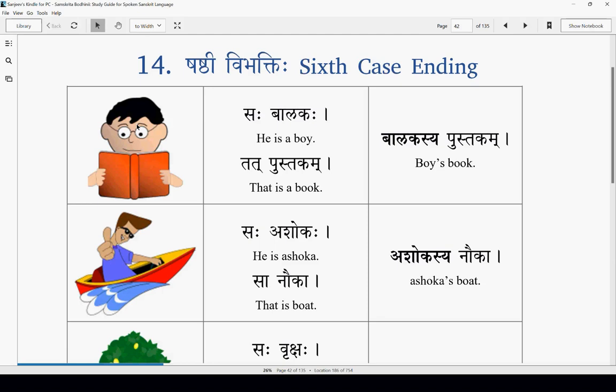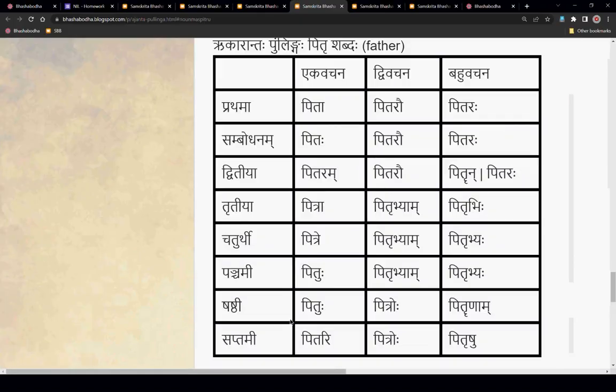In English it is called the possessive case, because the pustakam is a possession of balaka. Balaka gets the Shashti Bhakti, boy's book: balakasya pustakam.